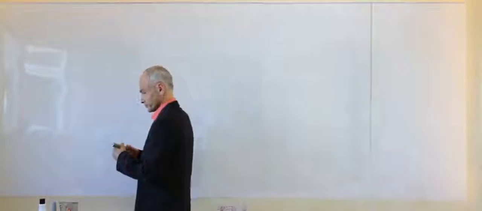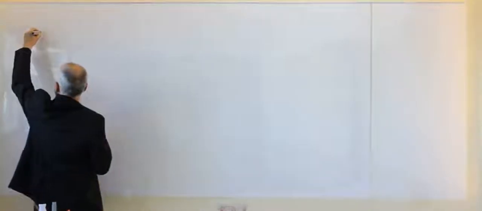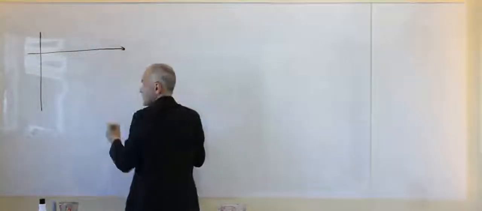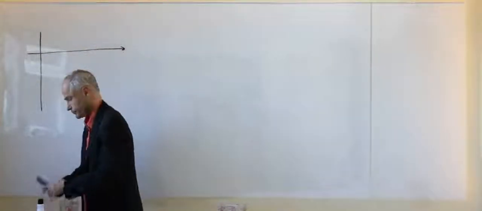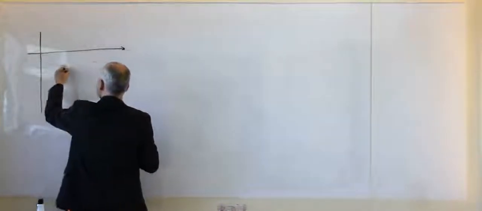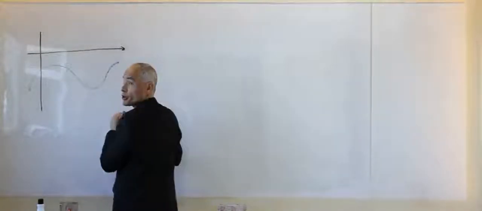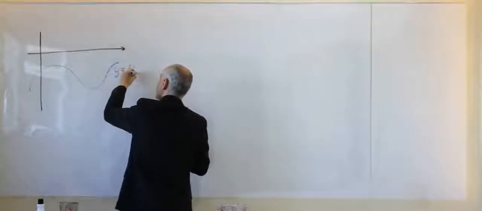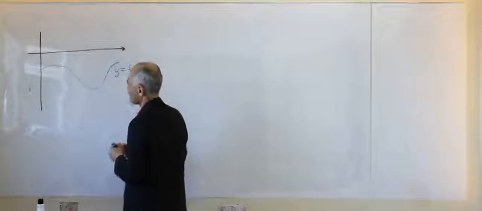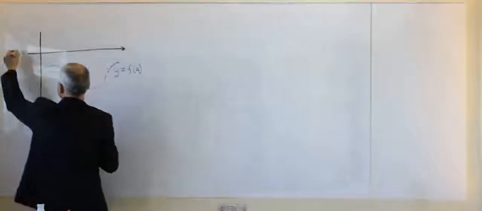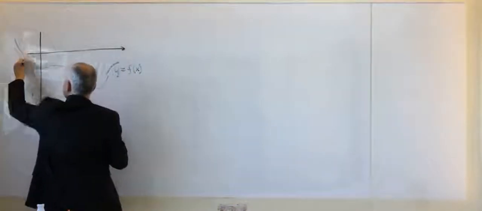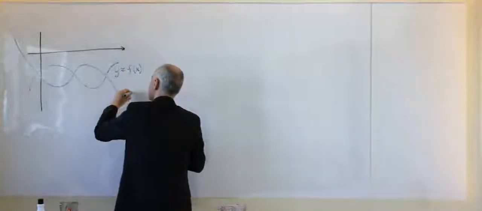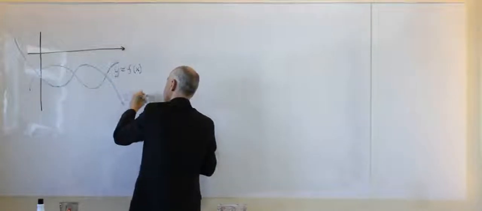So say we have these two curves. This blue curve, y is equal to f of x, and another curve, y is equal to g of x.